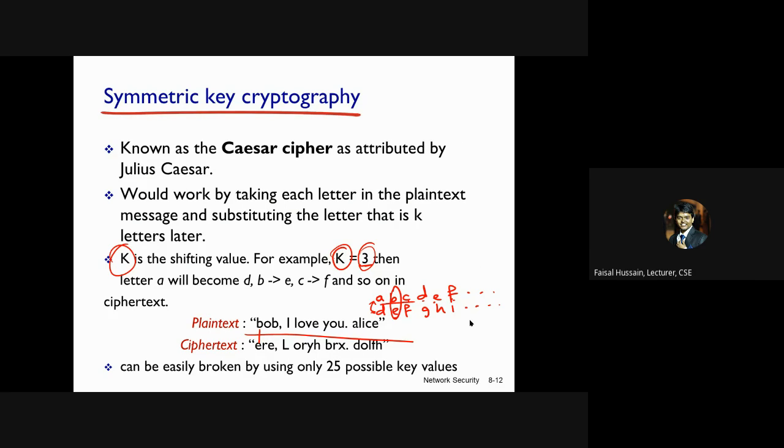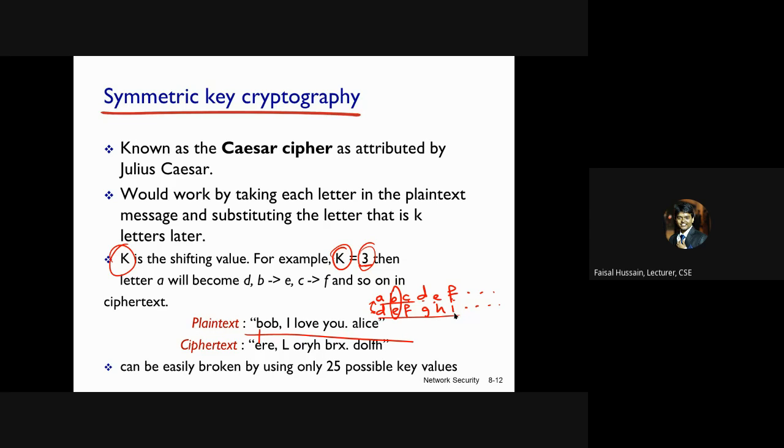So in this case, if I ask you to find out the plain text from a cipher text with the gibberish value, and I tell you the shifting value is 3, you can just write down a to z, shift these letters and find out the result. In this way you can find out the plain text from a cipher text.